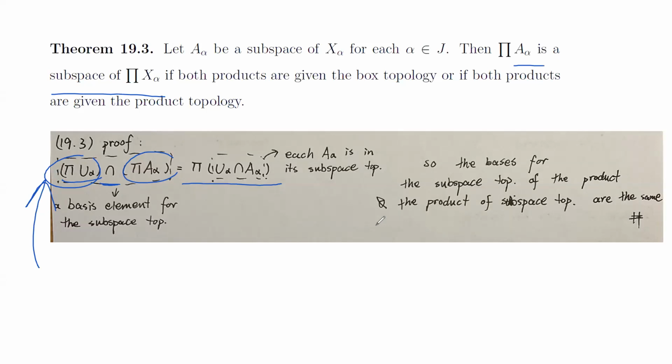Well, we don't really define this kind of product equation, but suppose you have two sets, then of course you can define the intersection of these two sets. We defined it as having the same elements, so we just have to prove that if they have the same element, this element would look like that. Exactly. They are both subsets of the product of X alpha, so of course you can define the intersection of two subsets of this product.